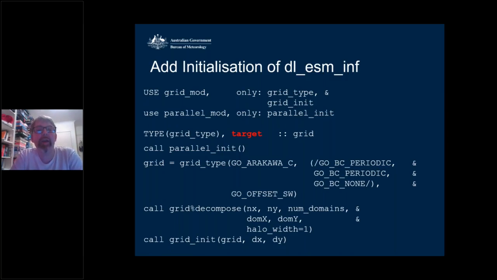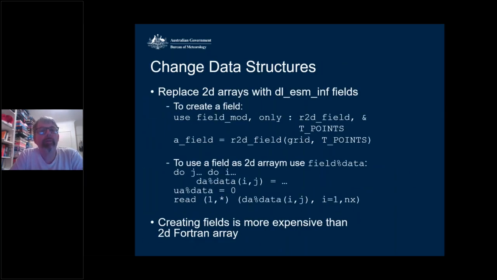Basically, at this stage, I haven't really changed anything in the application, except I get something initialized and print a few messages, and that's all. The next step was then to change the data structures. I replace every 2D array with a field from the library. So to create a field, I use the field mod, and then I create a field here.